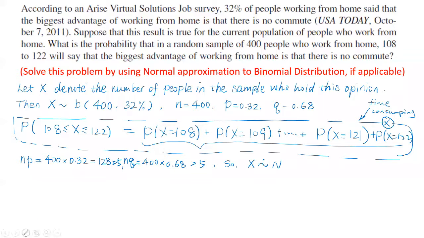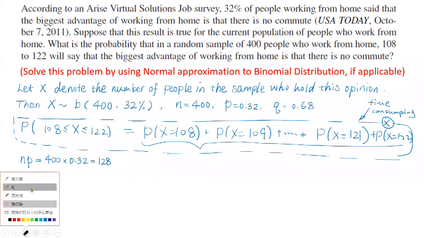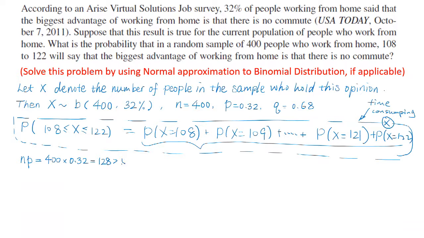Of course, we need to calculate the two parameters for the normal distribution, right? Okay, EX is NP, which is 128.